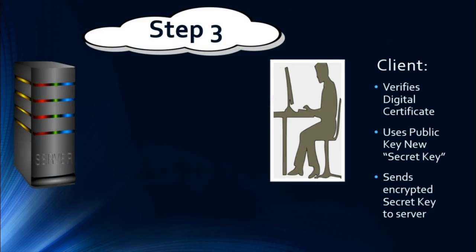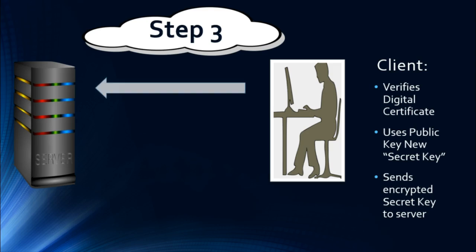So now your client, in the background, your computer verifies the digital certificate, and it now uses the public key that it was sent to encrypt a new secret key that will be used for the duration of the secure session.